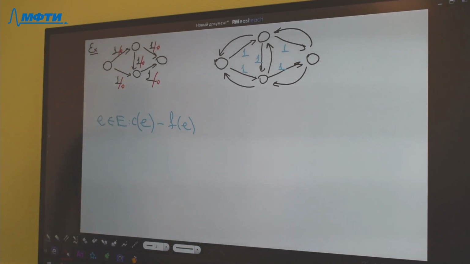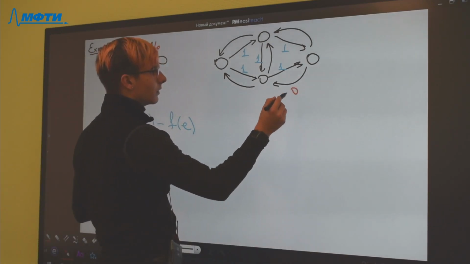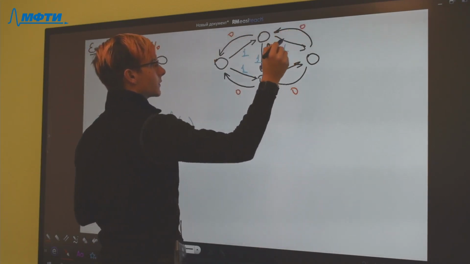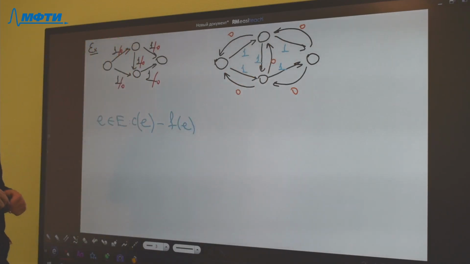And in the other direction, I need to do the same, but of course, the capacity of these edges is equal to 0. So I write these numbers on the edges, and this too. These are the capacities of edges in the new graph that we name a residual network.